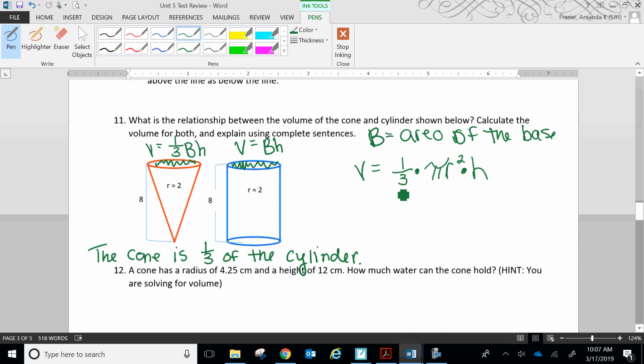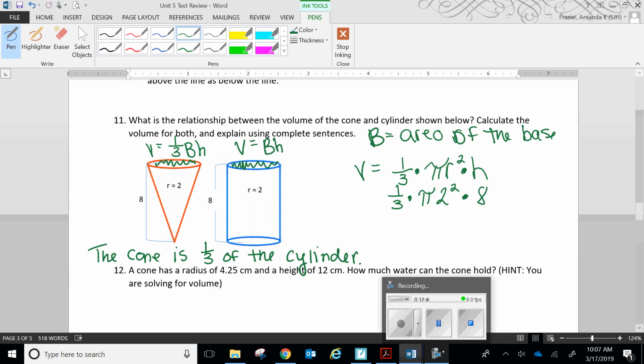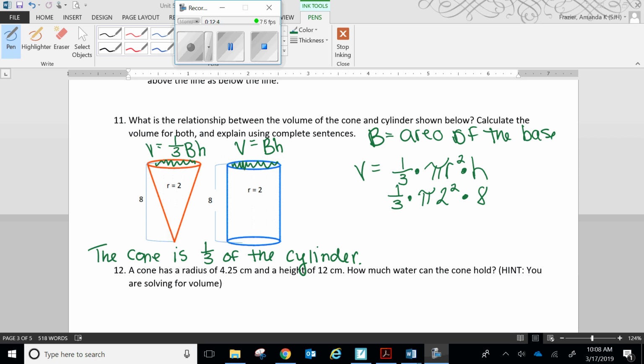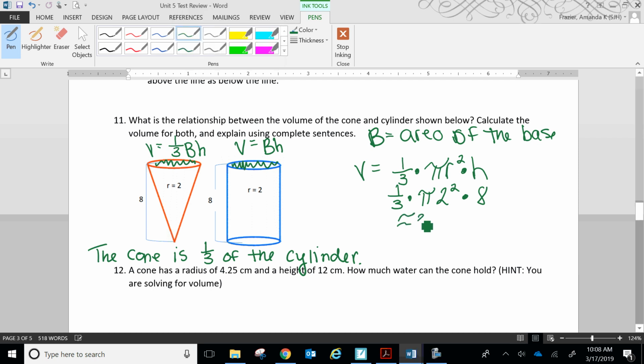That means I'm going to do 1/3 times pi times 2 squared times 8. I get approximately 33.5. Remember, we do that in units cubed or cubic units.